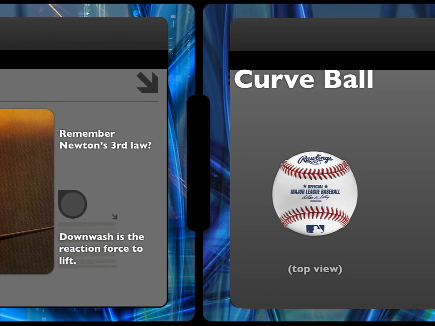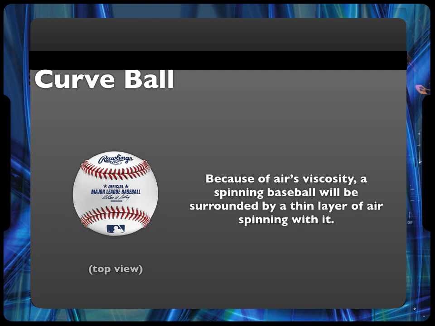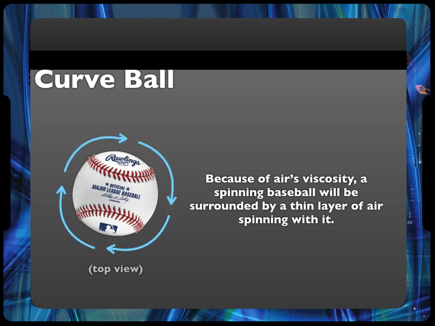Here's how to throw a curveball. Because this is a top view of a baseball moving through the air. So we are looking down at the ground as the baseball moves. Because of air's viscosity, that means air is a little bit sticky. A spinning baseball will be surrounded by a thin layer of air that spins with it.